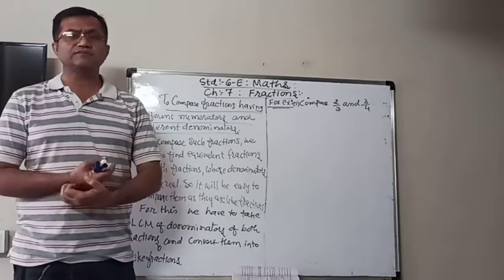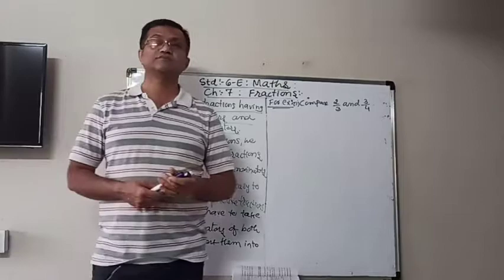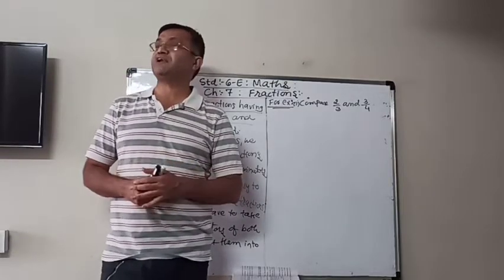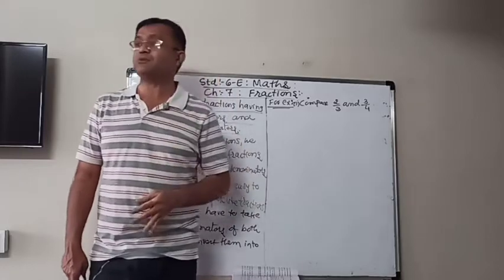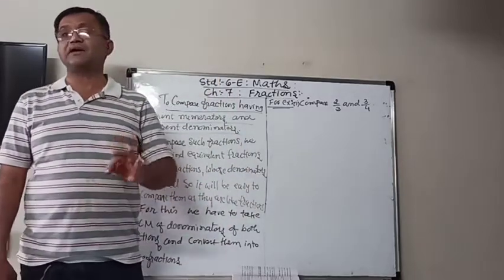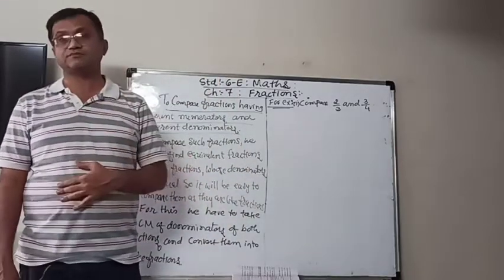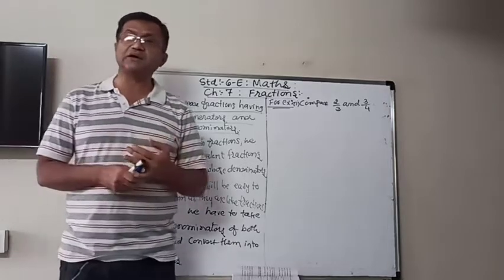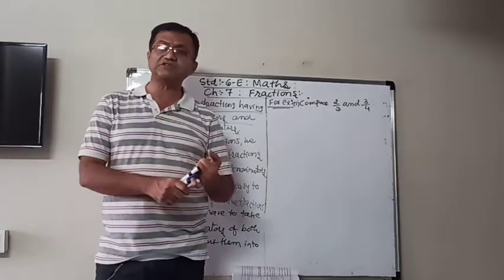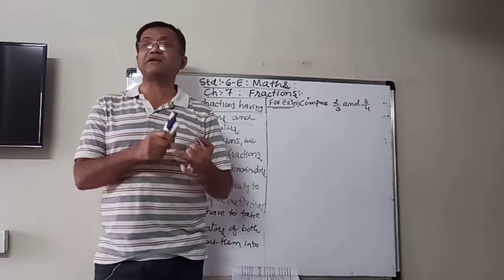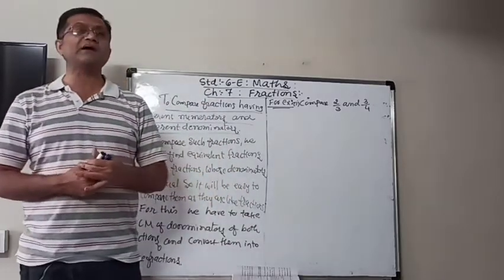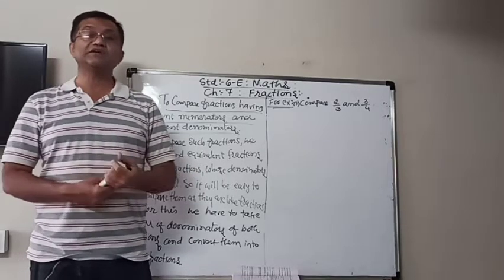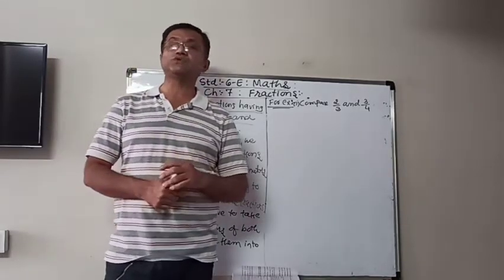But today we are going to learn how to compare fractions which have different numerators and different denominators. Neither the numerators nor the denominators are equal. When both of them are different, it is not easy to compare them.